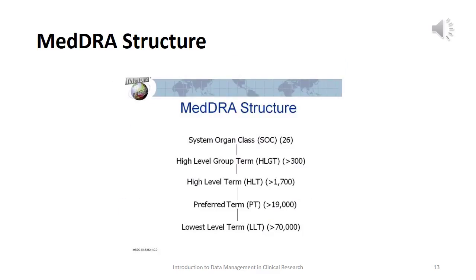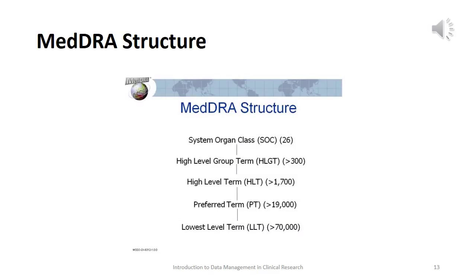So let's take a look at the structure of the MedDRA Dictionary. At the very top level, you have your System Organ Class, or SOC, S-O-C, and there are 26 of these. We'll go into them in a little more detail here in just a moment. And then as we progress down the chain here, we just see where we're progressively getting more and more pieces of terminology.